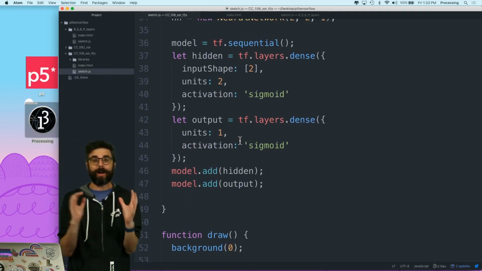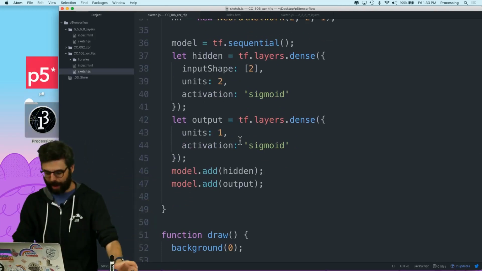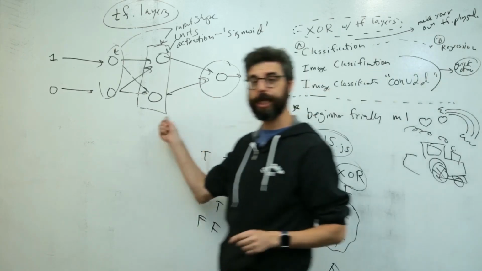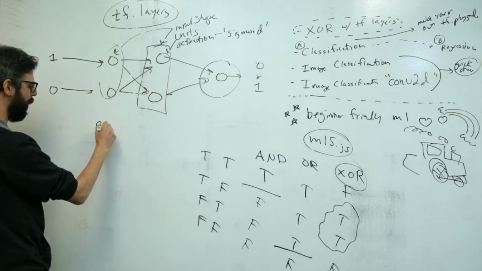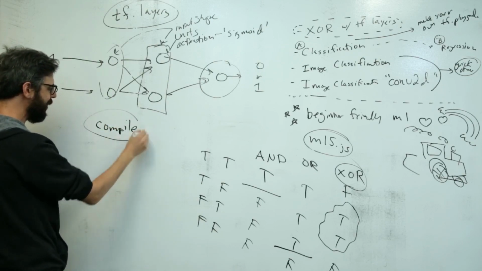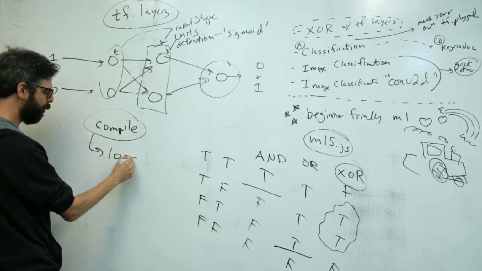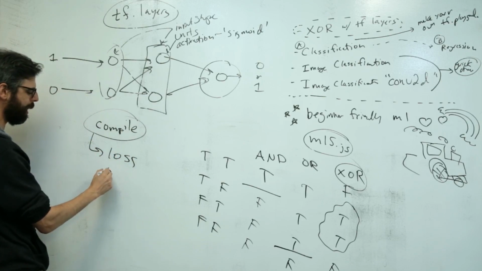So when I make a model, now I've architected this particular architecture, but I need to do another step. I need to compile the model, and I need to define the loss function and the optimizer.